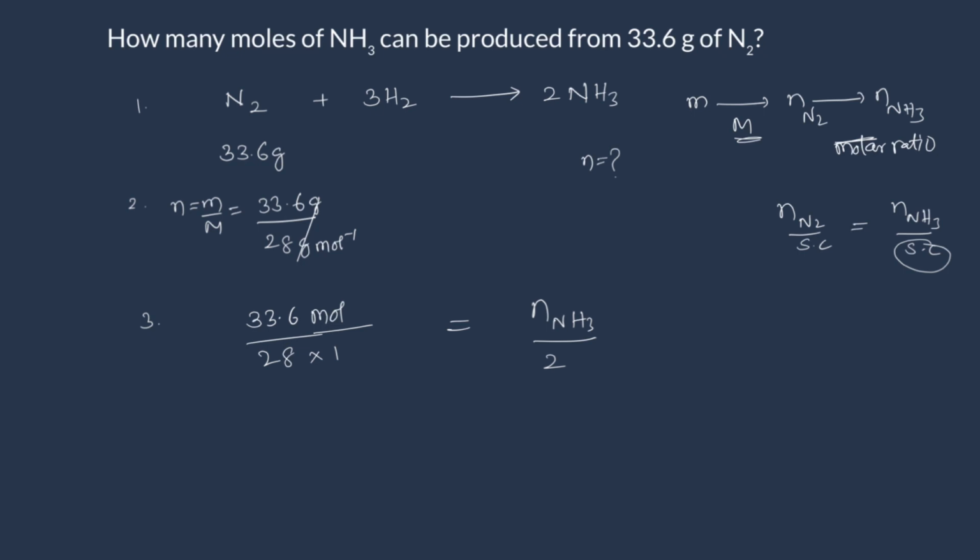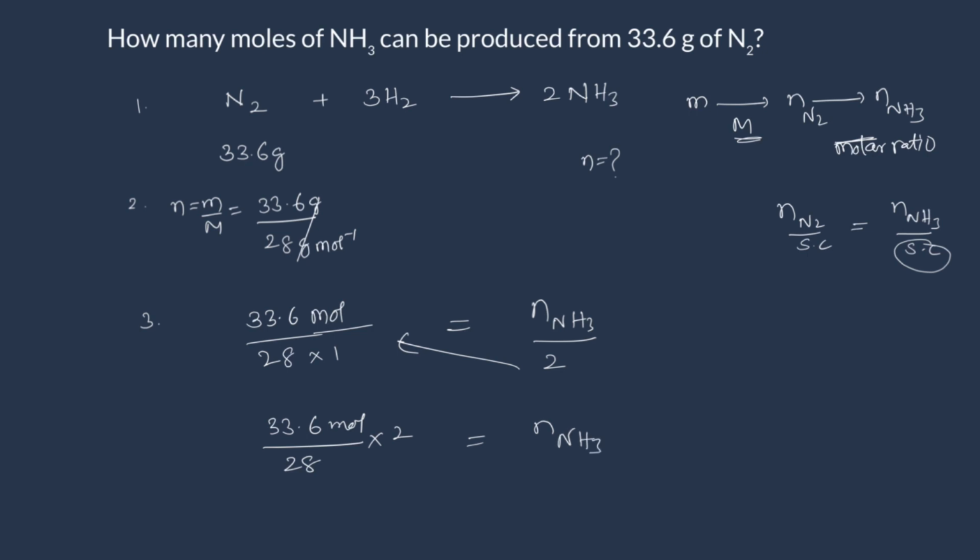Then what we have to do, this can be written as cross multiplied: 33.6 mole divided by 28 and multiplied by 2 equals the number of moles of ammonia.